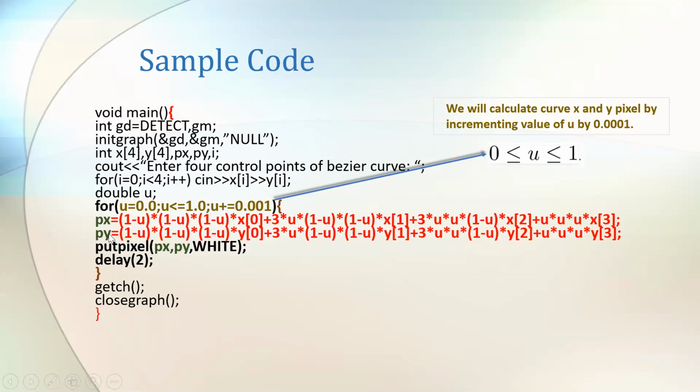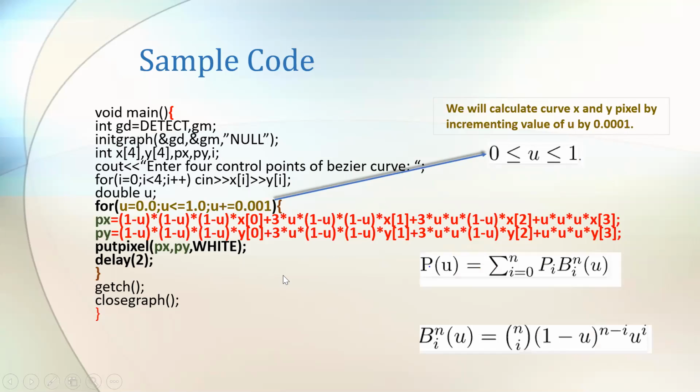Then you have the px and py. This is the polynomial function which I've already told you, which is being expanded using the blending function. I need px and py because p represents a point, and a point is composed of x and y. Once you calculate the px and py, you will plot the px and py, and that's how you get the curve.